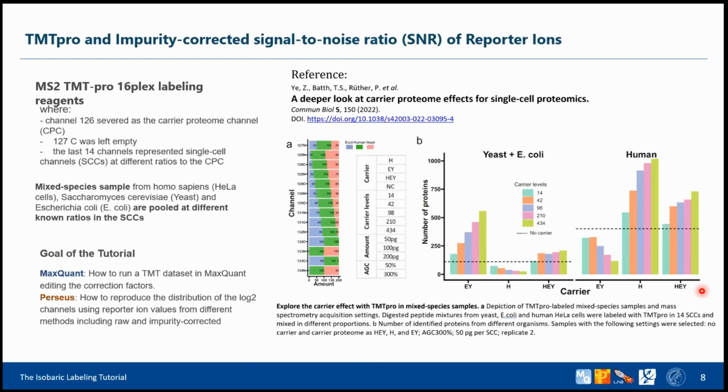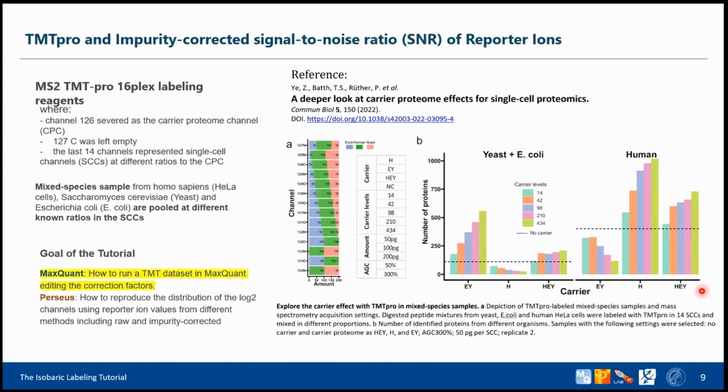Then we take the output from MaxQuant into Perseus and see if MaxQuant did it properly, if the correction factor was applied, by comparing the raw reporter ions versus the corrected reporter ions.